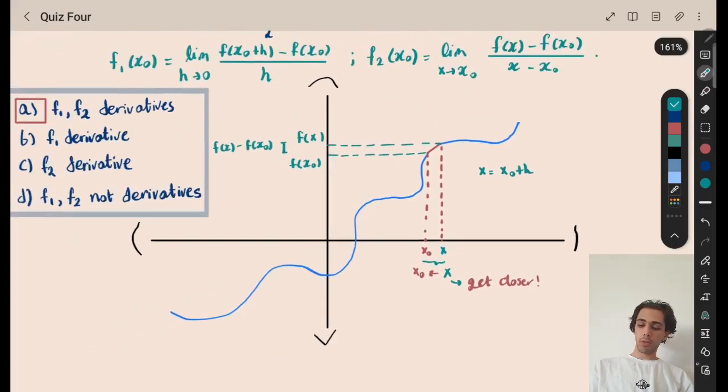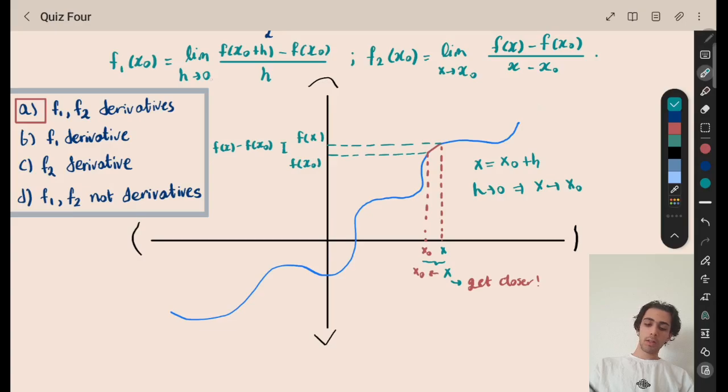If you're not sure about what we're doing here, take x to be x0 plus h. Then if h goes to 0, then x goes to x0.